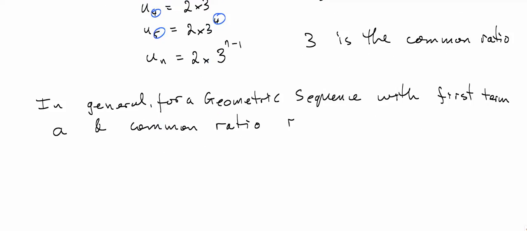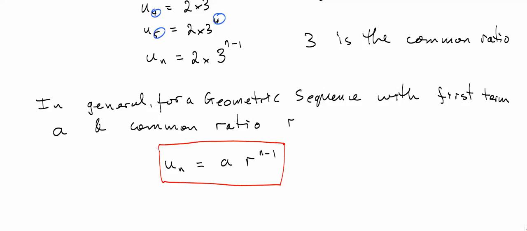In general, for a geometric sequence with first term a and common ratio r, the nth term un is the first term a times the common ratio r to the n minus 1. In the example we had the first term 2 and the common ratio 3. So this is a formula which you will need to know.